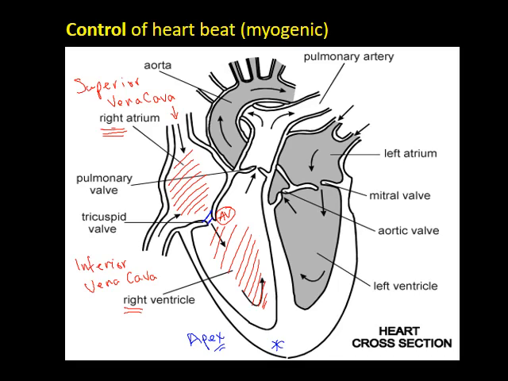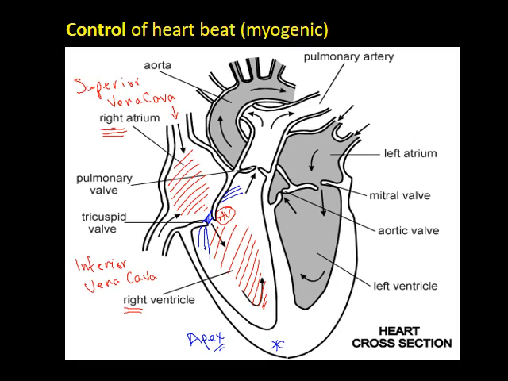So this is going to close here, this valve, and that prevents the backflow of blood up into the atria. Now the closed AV valves, they don't invert because there's actually tendinous cords that prevent inversion of the AV valve. So the blood can't go back up, there's no backflow of blood into the atria.